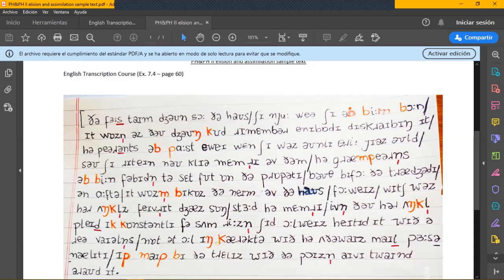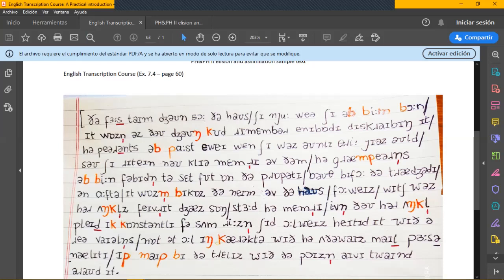Then in these two words, we have another process of assimilation in which these two sounds have been assimilated.